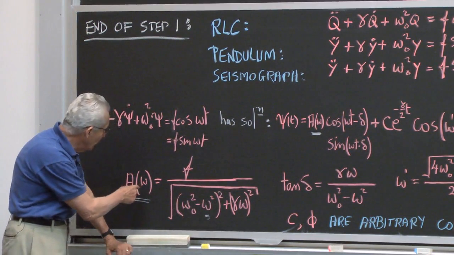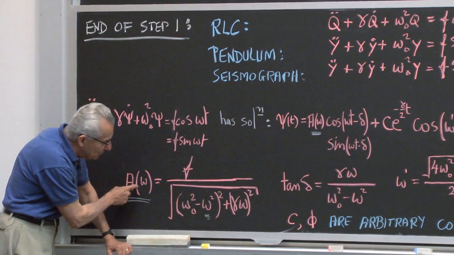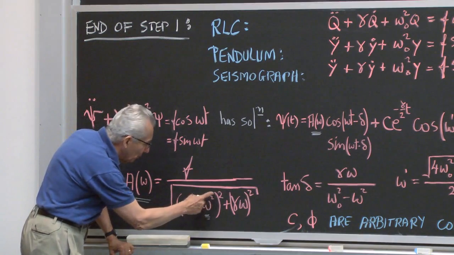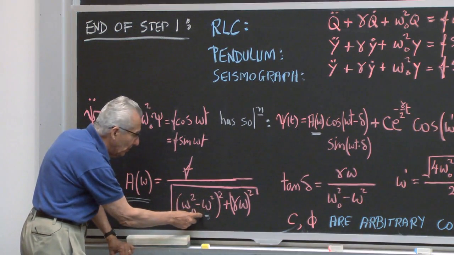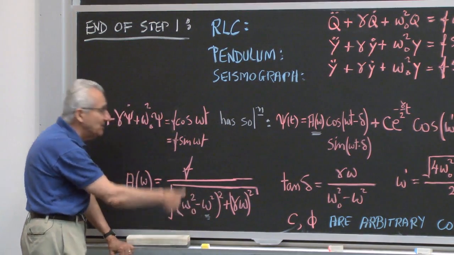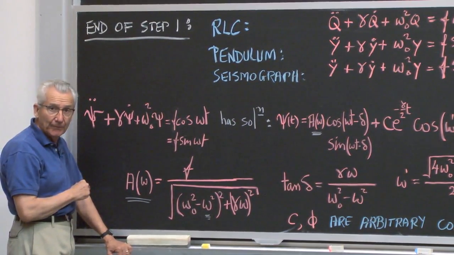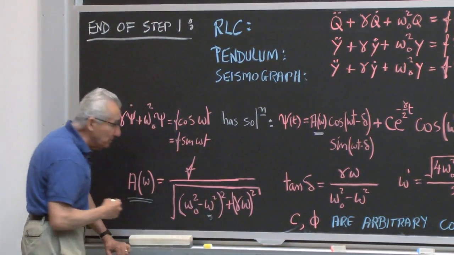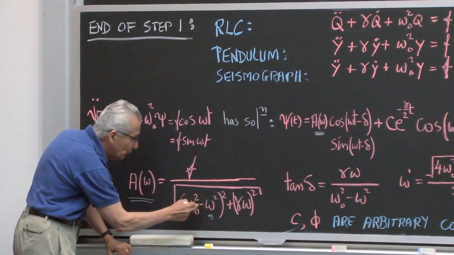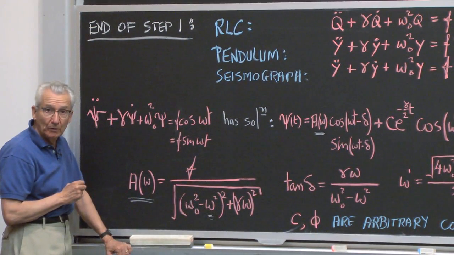And so, if you want a big response, you want this quantity to be very small, so that f divided by this is a big number. When will this be small? When these two are almost equal.